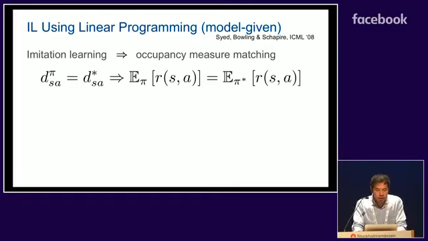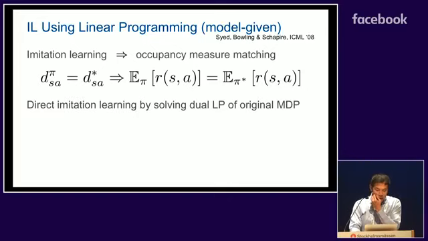So then, similar to the idea behind feature expectation matching, the imitation learning problem can now be reduced to one of occupancy matching. Now, we're not saying that we have to find the optimal reward. Rather, we're saying that if we can match the occupancy measure with the expert, then for any reward function, including the optimal one, the value function will match that of the optimal policy.